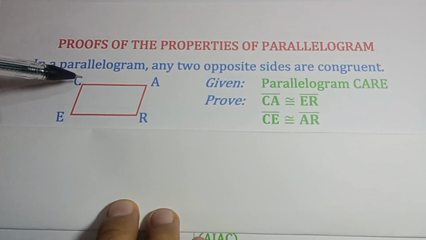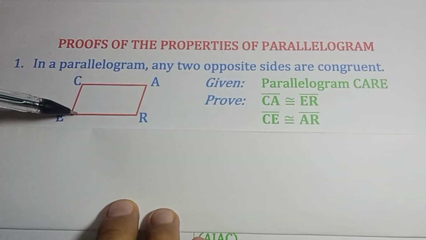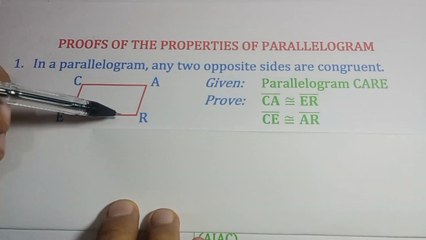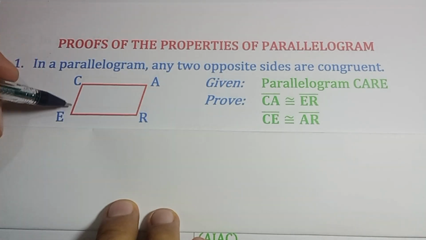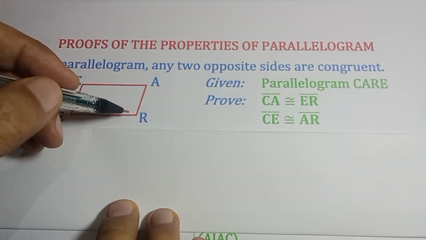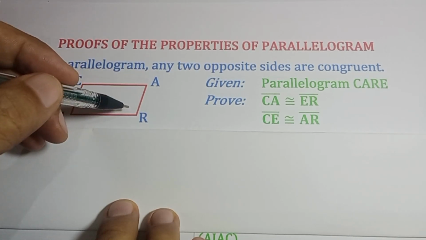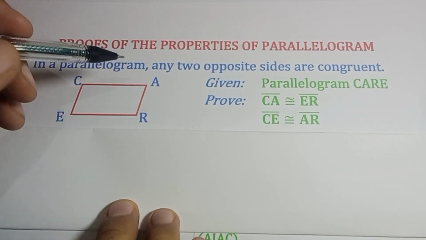It says that any two opposite sides, so we have these opposite sides, one pair of opposite sides, another pair of opposite sides. So there are two pairs of opposite sides. These opposite sides are congruent.